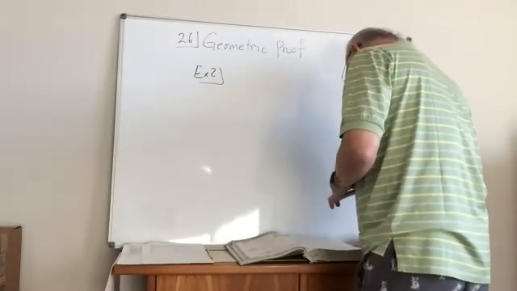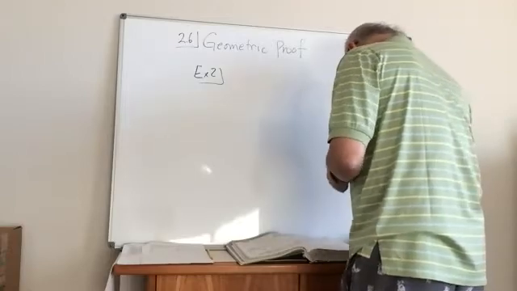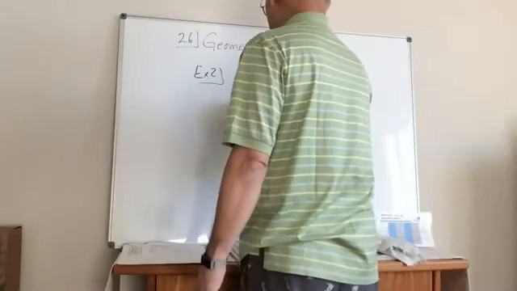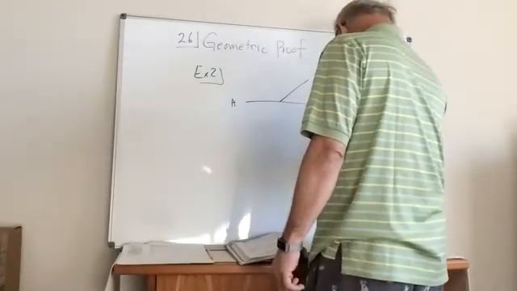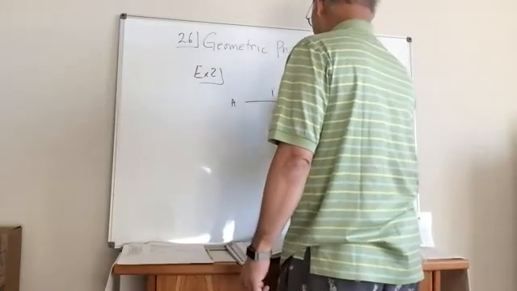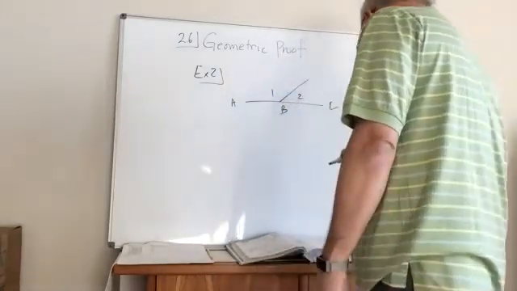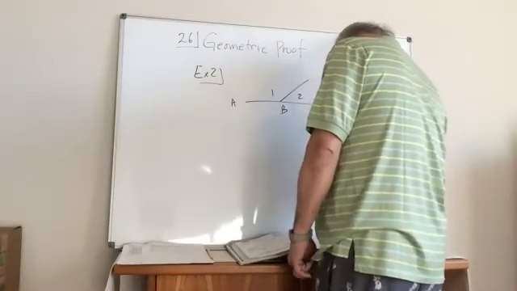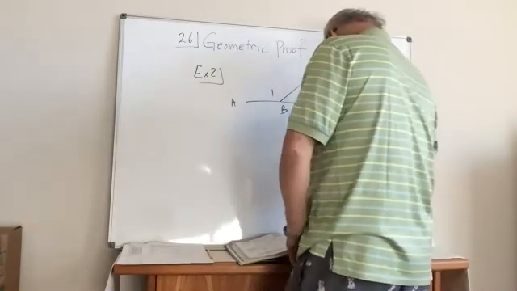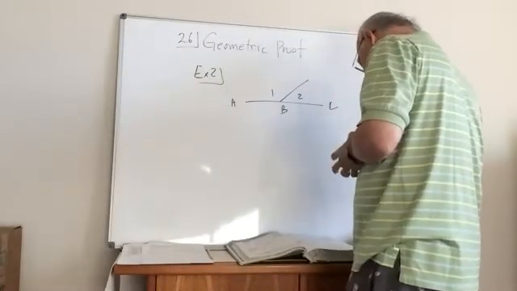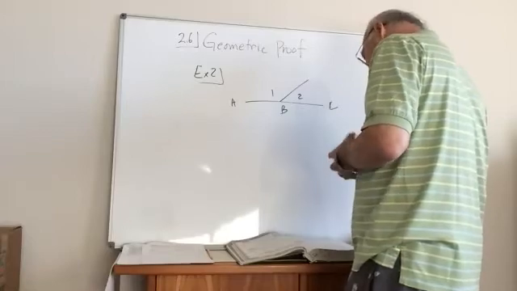Given angle 1 and angle 2 form a linear pair, prove that angle 1 and angle 2 are supplementary. Number 1 says angle 1 and angle 2 form a linear pair, and that's a given.